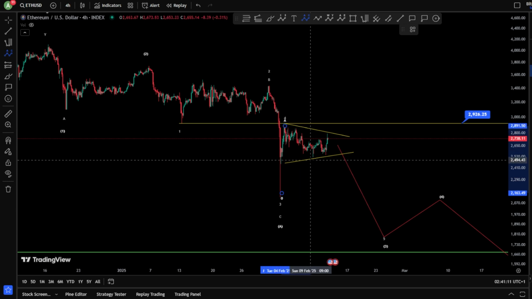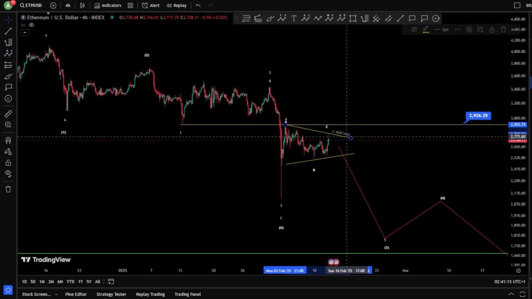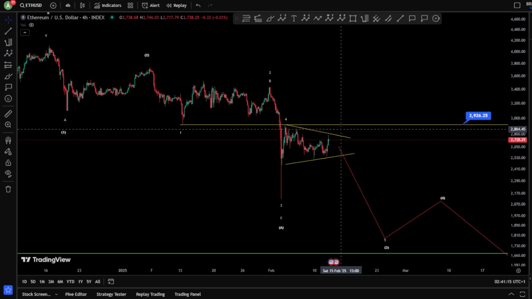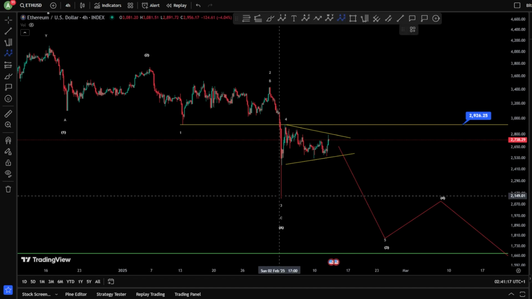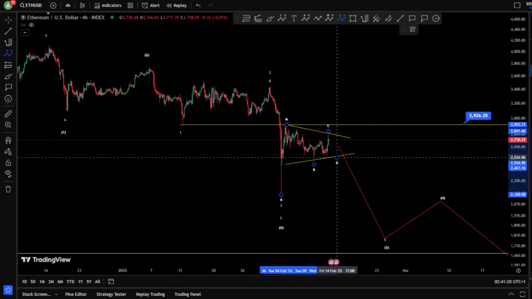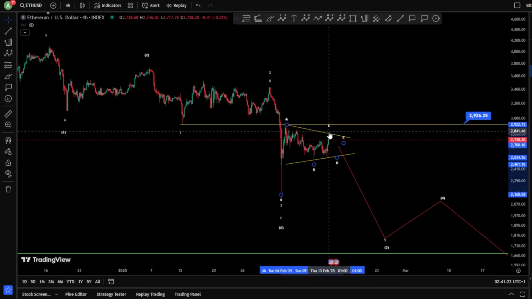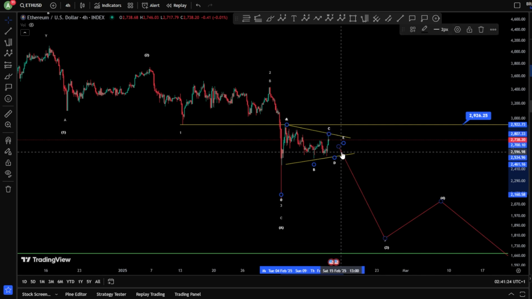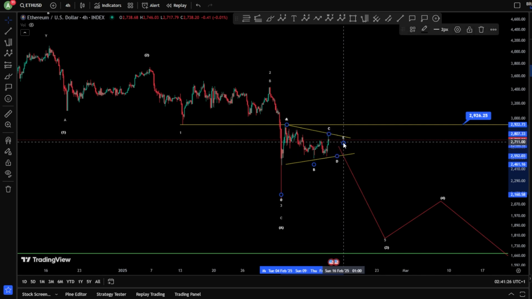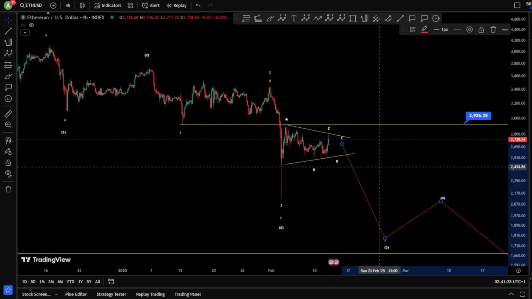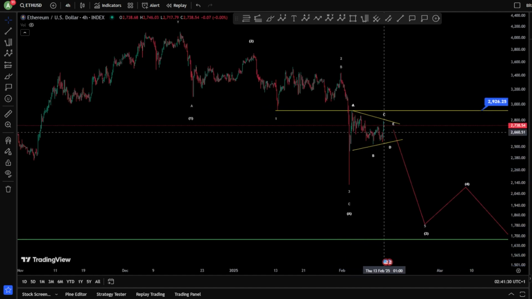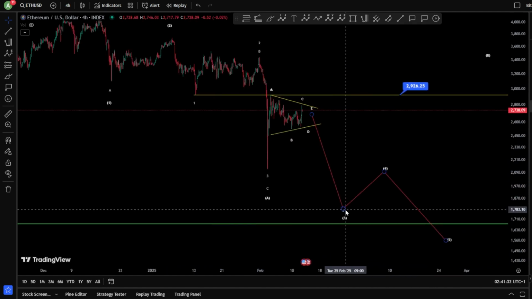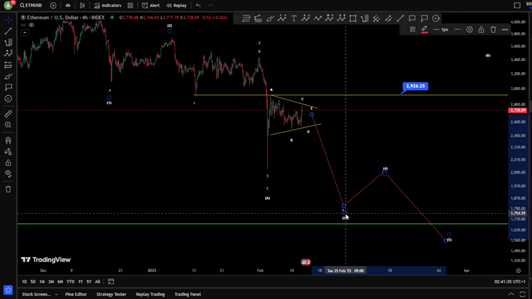Oops, that was an A, B, C, sorry. So A, B, C, D, and an E. So basically one more leg toward the downside and one smaller toward the upside, probably finishing this correction. Very boring, I know, but these are triangles.